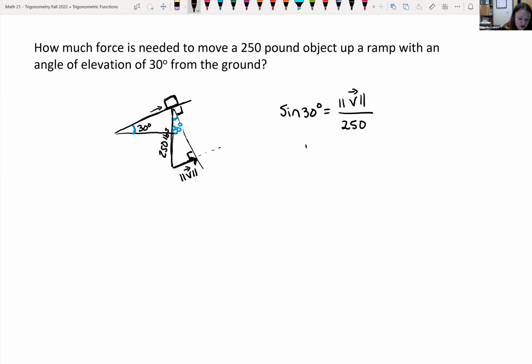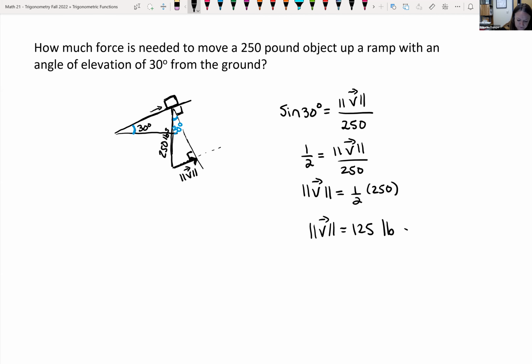Sine of 30 degrees is 1/2, so 1/2 equals the magnitude of V over 250. So the magnitude of V is 1/2 times 250, which is 125. Since I'm talking about force in pounds, this is 125 pounds of force being applied to the object.